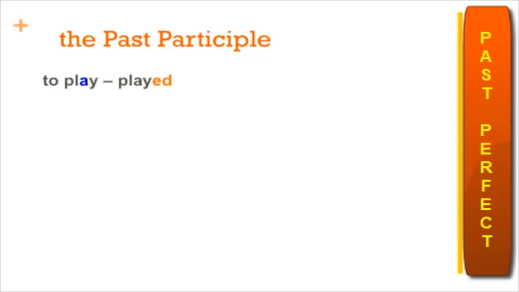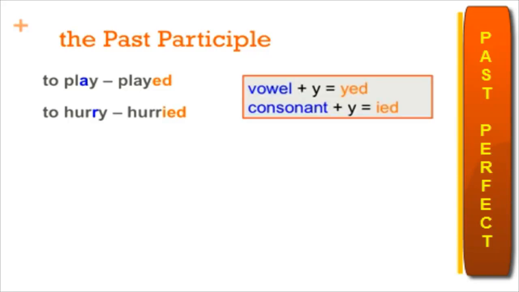Now, usually the past participle is easy to produce. You have words like to play, and then you put an ed to the end of the infinitive, and this is how you form the past participle. But what about this one? You have to hurry, and hurried is the past participle, and all of a sudden there is ied. Now, this is your rule. If there's a vowel plus y, then the y stays, so there's y-ed, play.